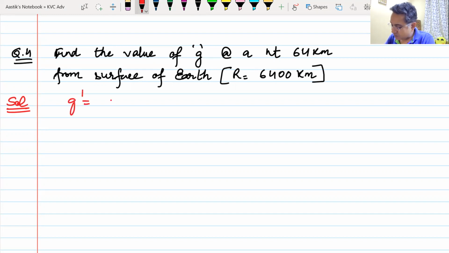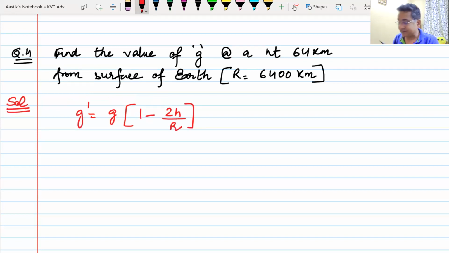G dash is equal to G into R by R plus H, G by 50, sir. You should not apply this formula. Which formula should you apply then? Answer is 49 by 50 G. G dash is equal to G into 1 minus 2H by R. Do we understand this? Yes, sir. For small distances, you have to apply this formula.